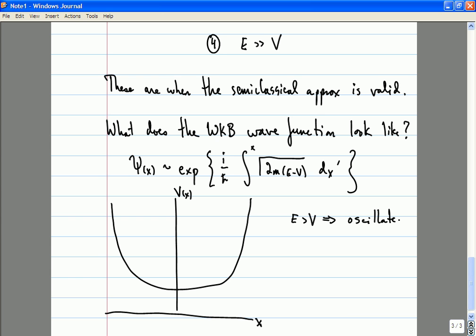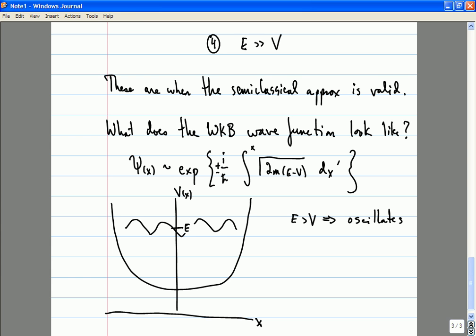So if you're studying a state with energy E, then you know that the wave function is going to oscillate when E is bigger than V. And likewise, if E is less than V, you know that the argument of the exponential is going to be purely real. So it could either be e to the plus something or e to the minus something.